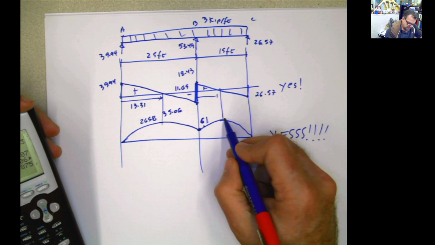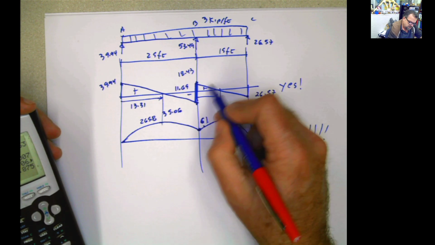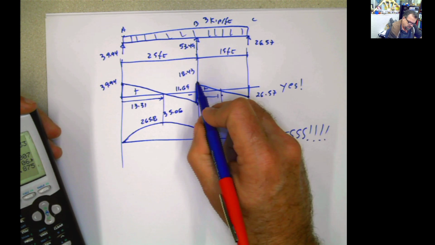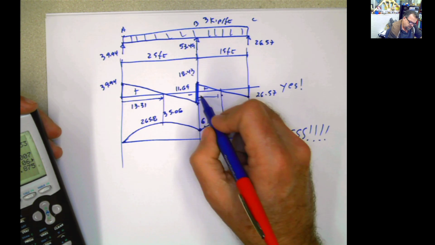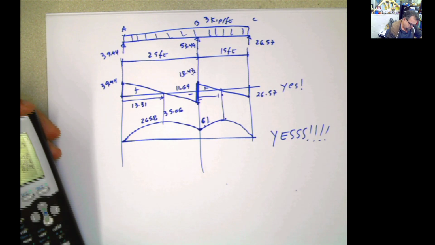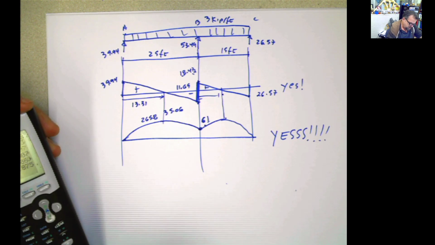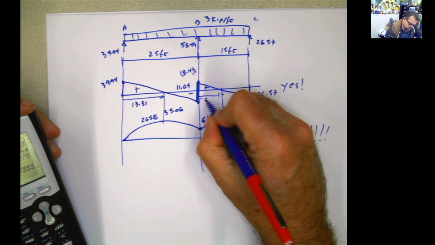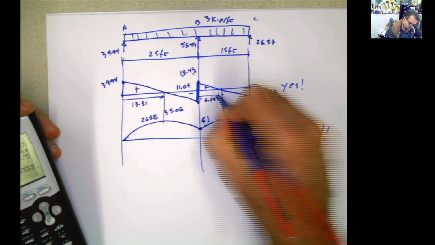And then you add to 61 this value, and this distance is supposed to be 18.43 divided by the load. So 18.43 divided by 3. This is going to be 6.143.